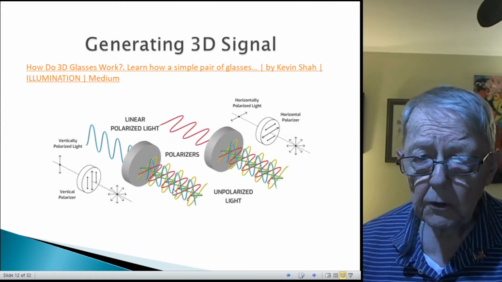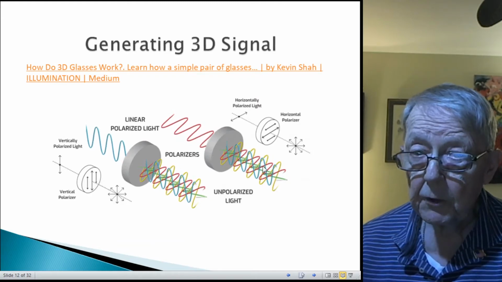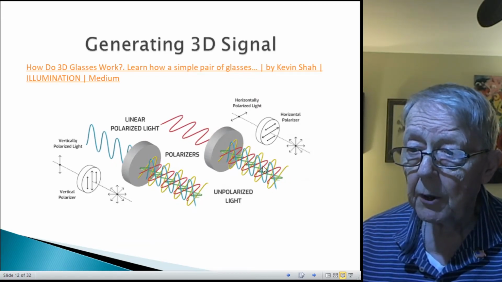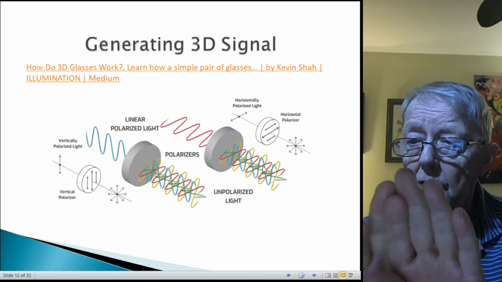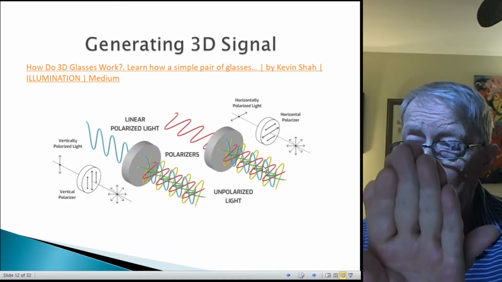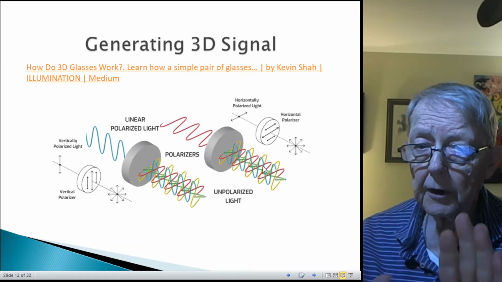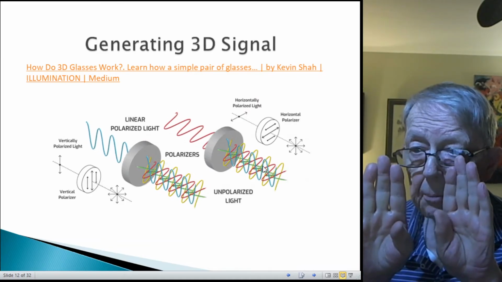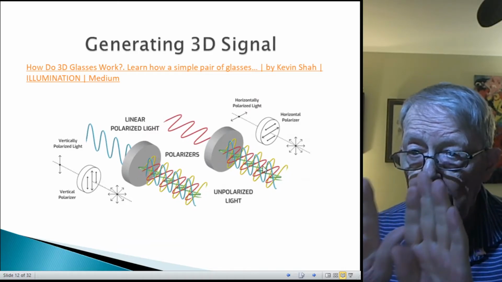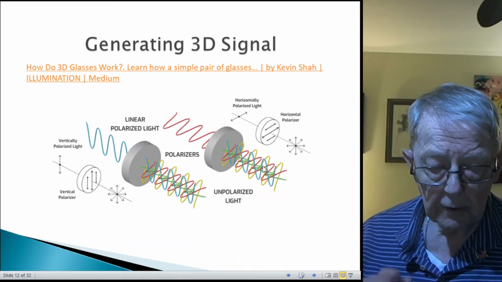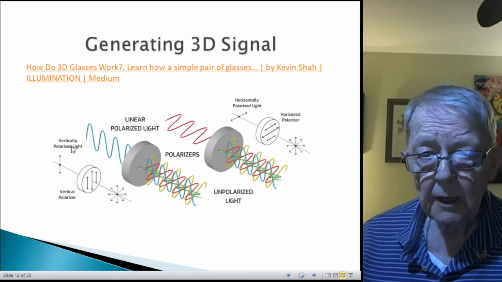This is two different pictures. For 3D, they got two different sources of films, and they're offset just slightly. They're not the same one. They're offset slightly because they've been taken from the perspective of your eyes, and one camera sees from one angle, and your left eye sees from the other angle.